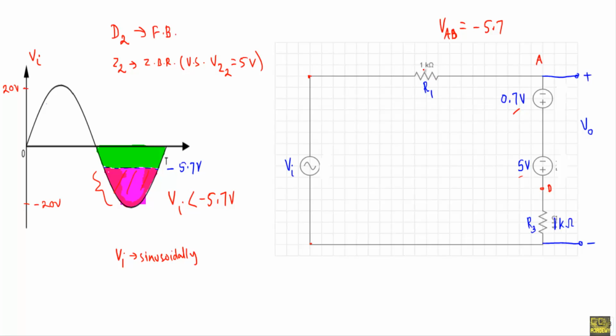As we have resistors R1 and R3 in the circuit, we will get sinusoidal current. Sinusoidal current will create a sinusoidal voltage drop IR3 across the resistor R3. As we are taking the output across this terminal and this terminal, you will see our output voltage will also be sinusoidal.